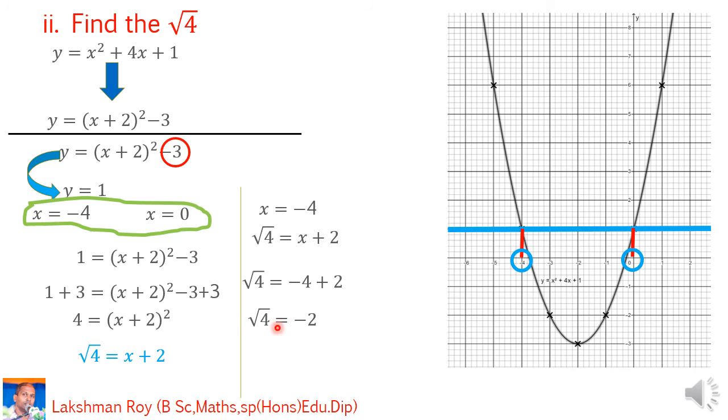So you get one value of the square root of 4, that is negative 2. Then put the other value, x equals 0. In this equation, x is 0, that means 0 plus 2 is 2, positive 2. So those are the two values of the square root of 4, right?